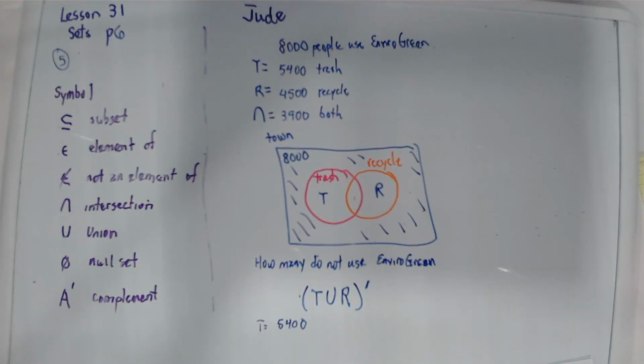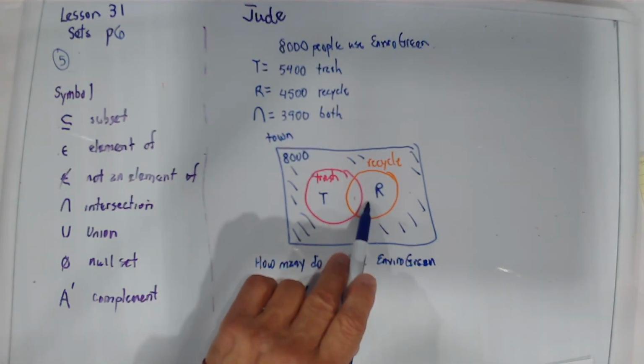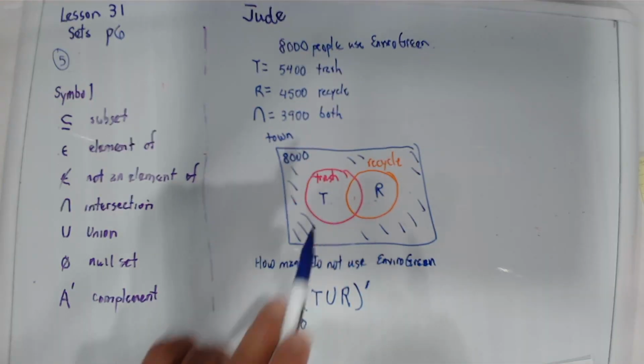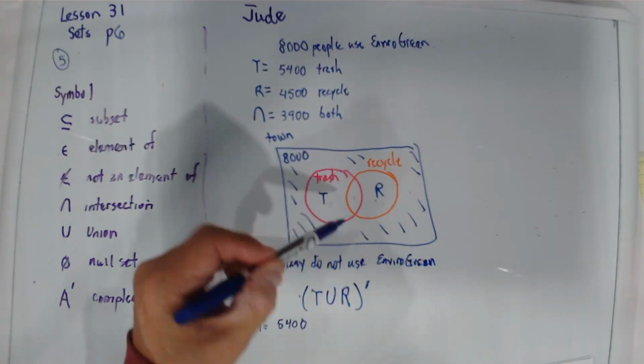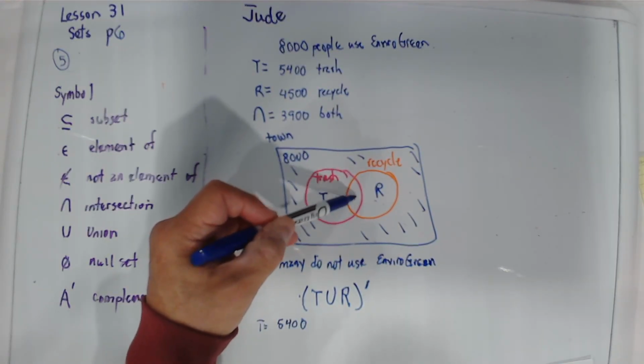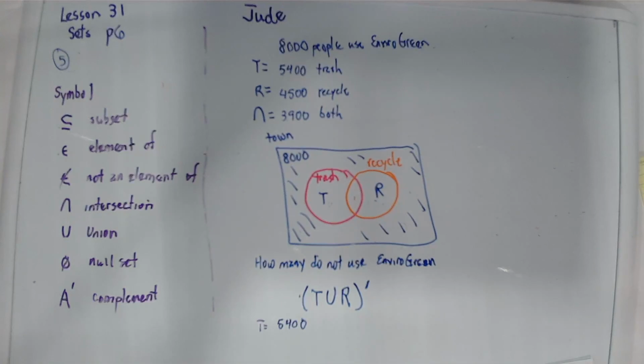Okay, so what do we have to do? Well, how many people are in this area here? Well, it's going to be T plus R, but we got this common area right here. What do we call this? We call that the intersection. So we want to subtract that intersection to get that.